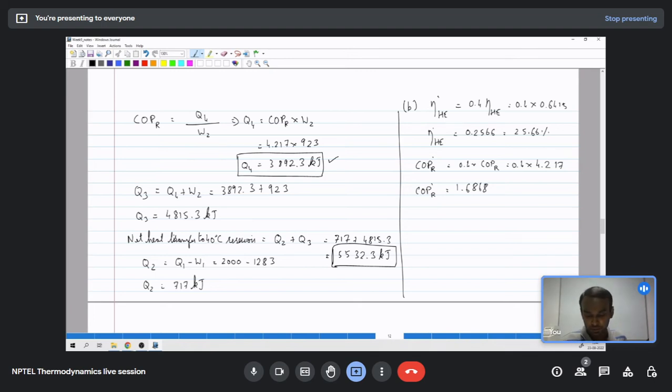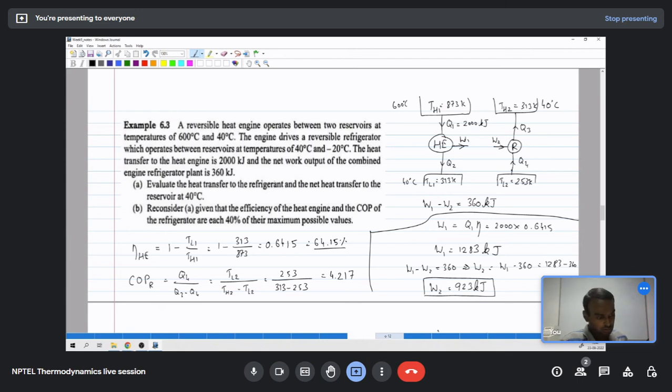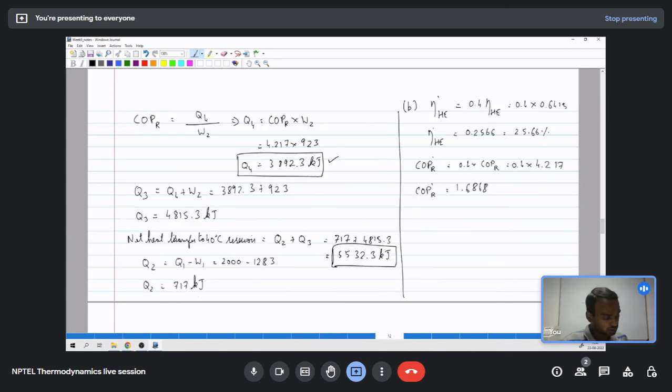Now we have to recalculate all the values. So now W1 is Q1 into eta dash. Q1 was 2000 kilojoules and efficiency is 0.2566. So this is 513.2 kilojoules.